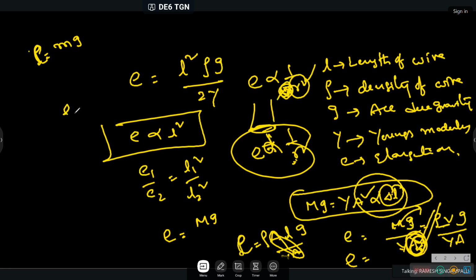So E1 by E2 is equal to R2 square by R1 square, we can write or not. So it depends, Amma. You have to check. Anytime they may ask same material. Same material means what? Density is constant. Don't forget, okay? If density is constant, then these all things apply.